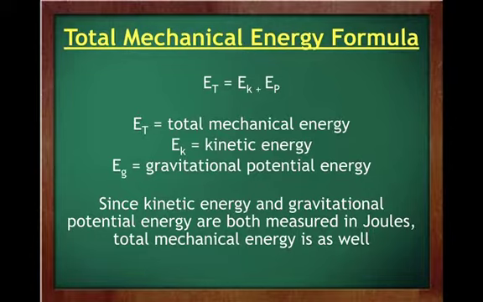In our lesson on kinetic energy, we talked about the energy an object has while it's in motion. For an object that's falling, before it's dropped it only has potential energy. While it's falling down, it has a combination of both potential and kinetic energy.